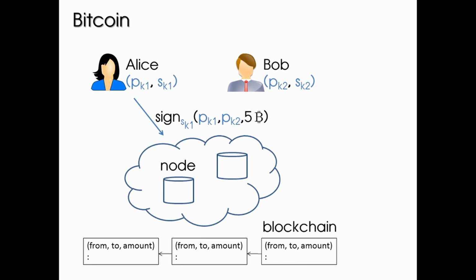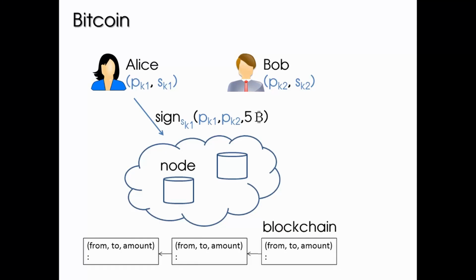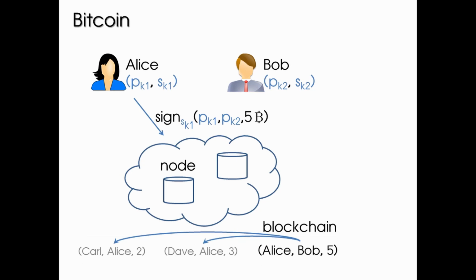When Alice submits her transaction to the Bitcoin system, Alice also specifies to the nodes in the Bitcoin system which past transactions are transactions that delivered funds into Alice's account. So for example, Alice can say, here's a transaction where Carl gave me 2 bitcoins, and here's a transaction where Dave gave me 3 bitcoins. Those are called the inputs for the transaction. Alice uses those inputs to transfer her 5 bitcoins to Bob.